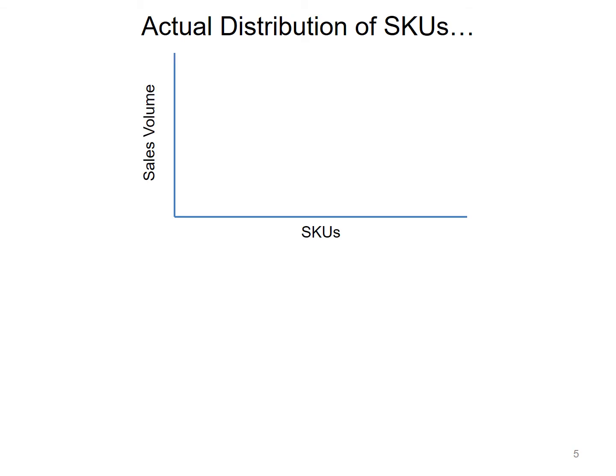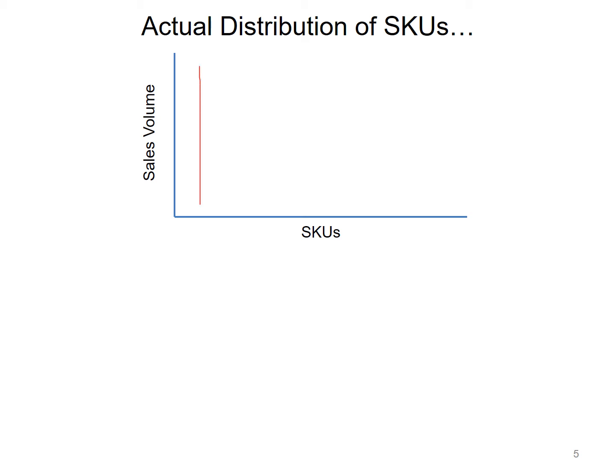The distribution could also be non-uniform. In the last case we looked at, we assumed that all the SKUs have the same sales volume, but that's not necessarily the case. In pretty much all applications, it won't be the case. So if I were to now sort these SKUs based on sales volume and plot the histogram, it would look something like this.